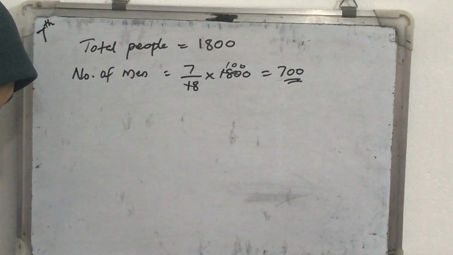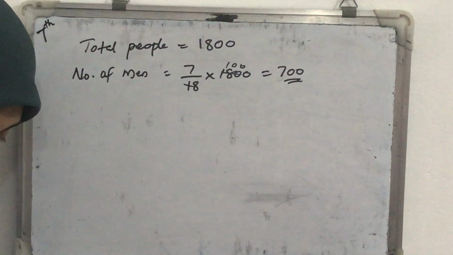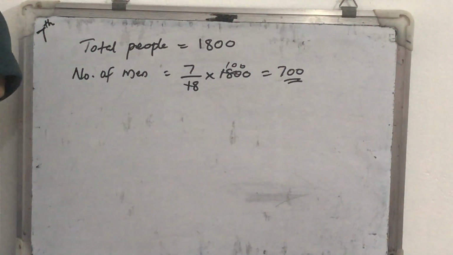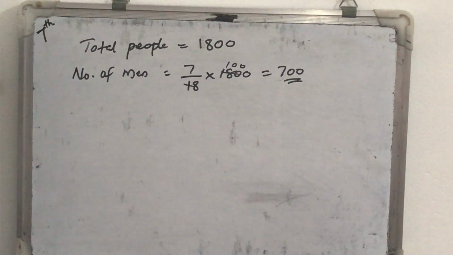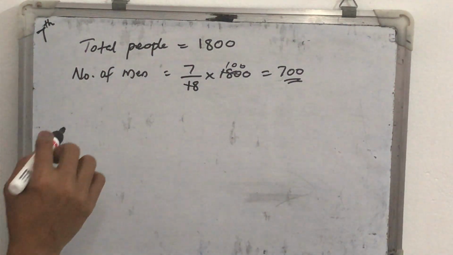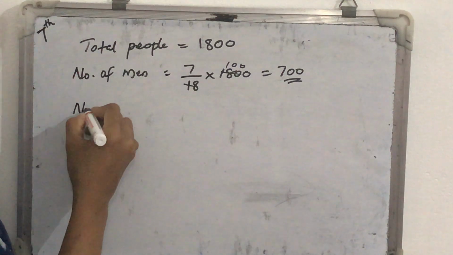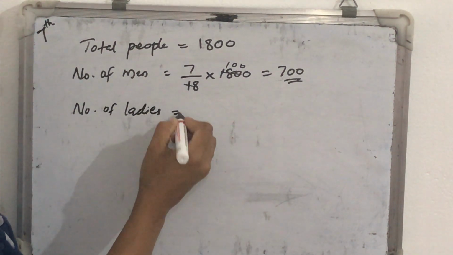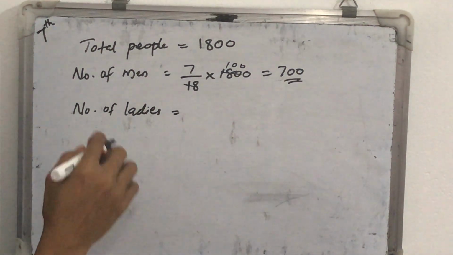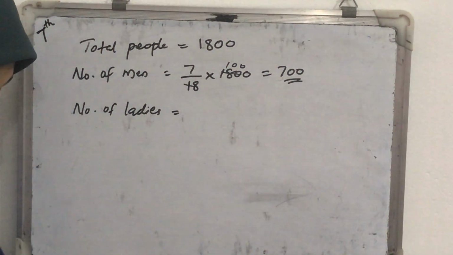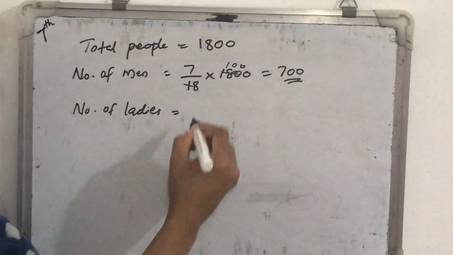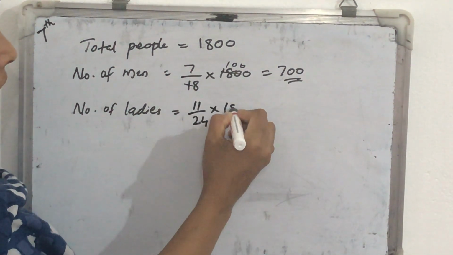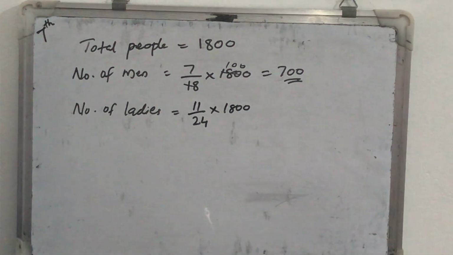Next, 11 by 24 of them were ladies. So what will be the number of ladies? Number of ladies is equal to 11 by 24 of the total, 11 by 24 of 1800.